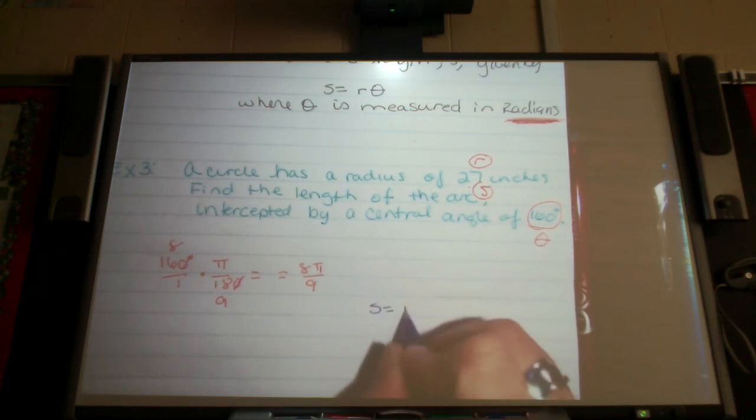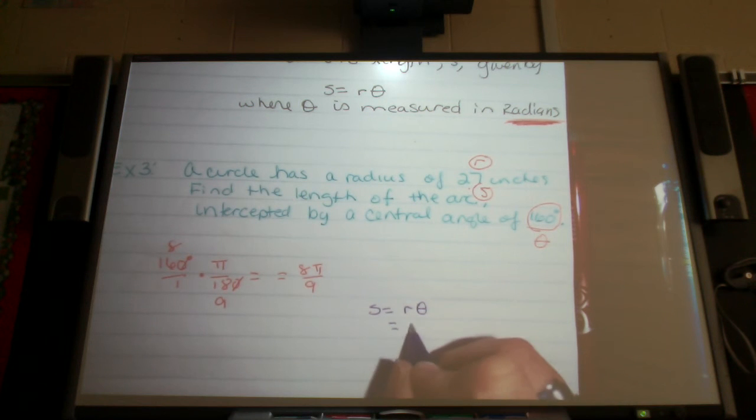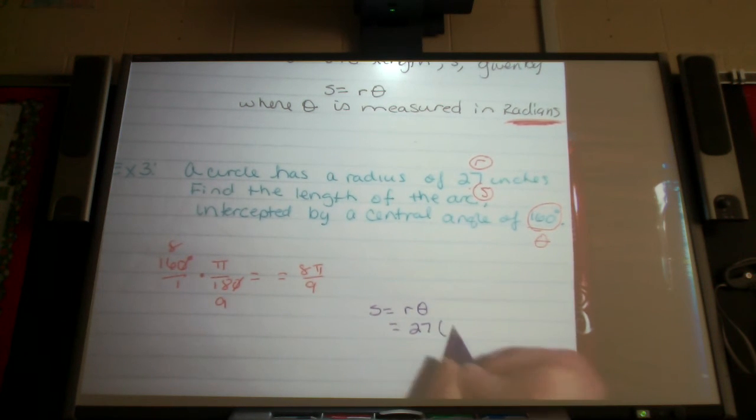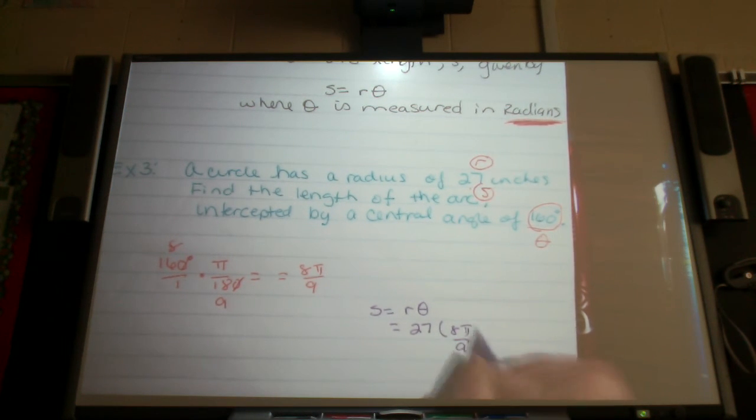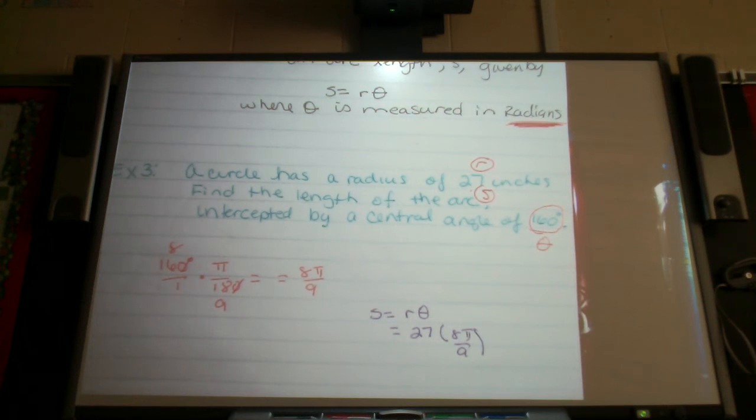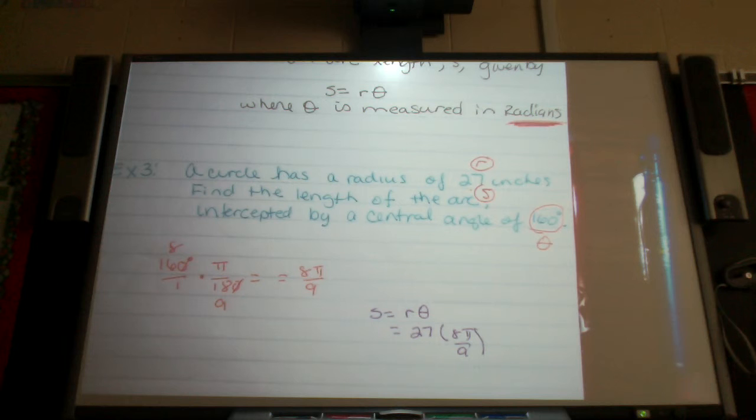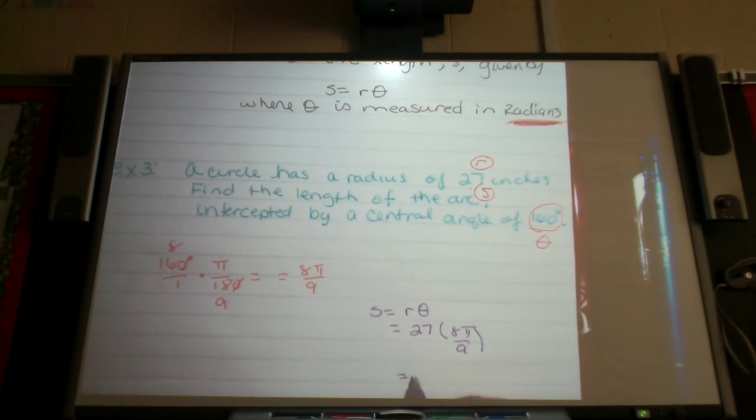S equals R times theta, which is going to be 27 times 8 pi over 9. And you should get 75.4 inches if you multiply that out.